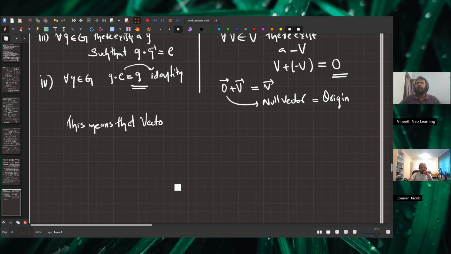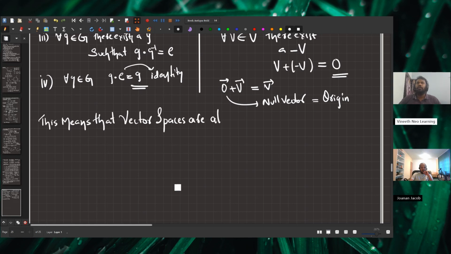Let me write it more clearly: this means that vector spaces are also groups. But they are not just groups.